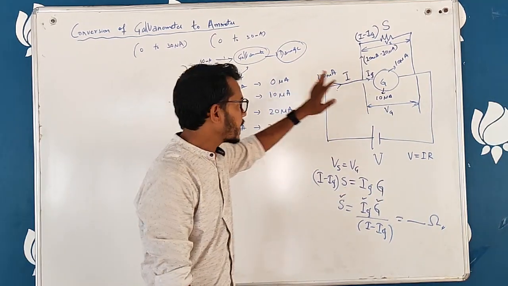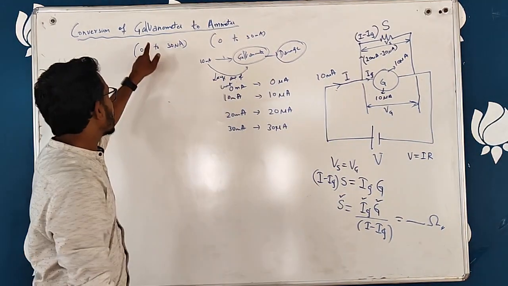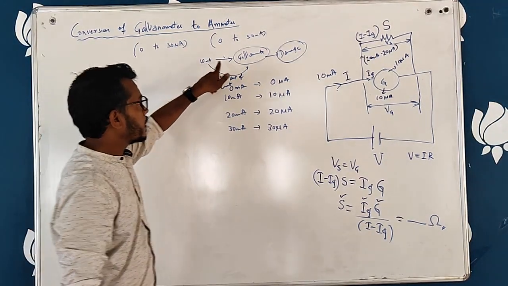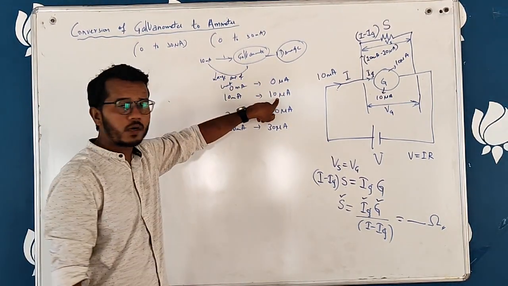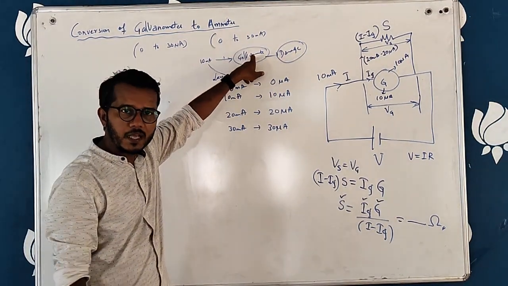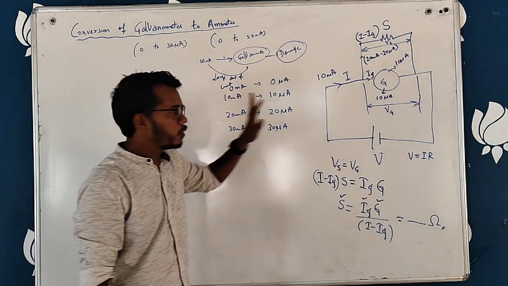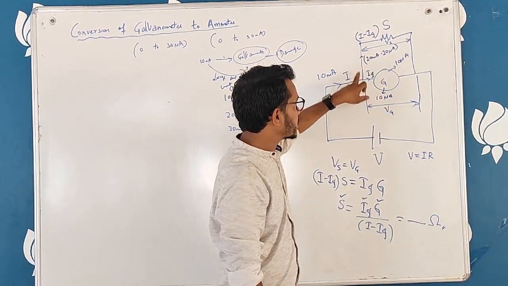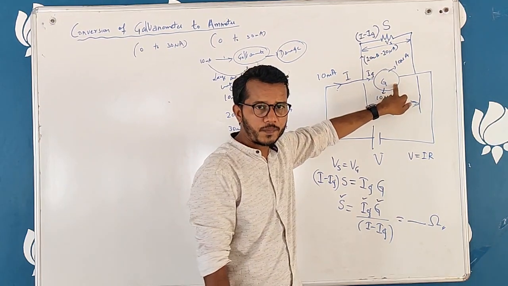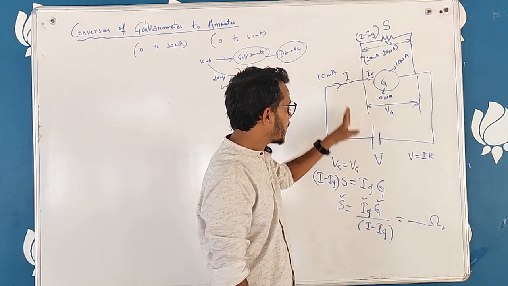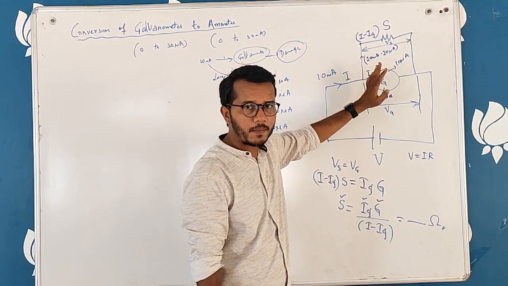Just a quick recall of this. We are converting a galvanometer into an ammeter. To measure 10 milliampere, the galvanometer has to take only 10 microampere because the range of the galvanometer is very small compared to an ammeter. So I have connected a shunt resistance in parallel with the galvanometer so that it absorbs a large amount of the current from the main supply.